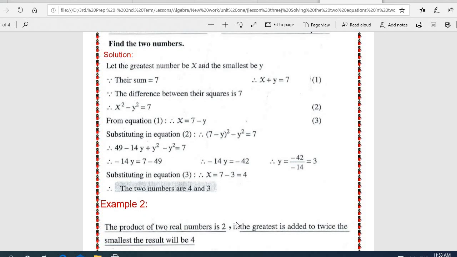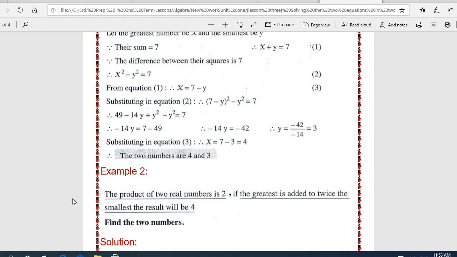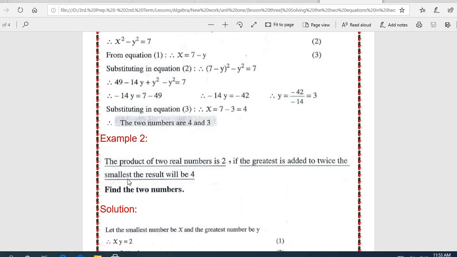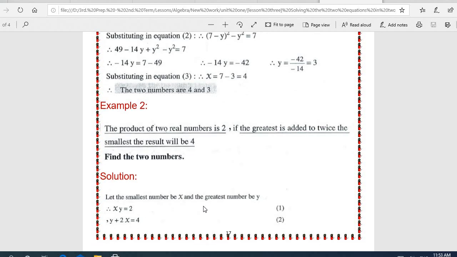In number 2, the product of two real numbers is 2. If the greatest is added to twice the smallest, the result will be 4. Find the two numbers. Let the smallest be x and the greatest y.